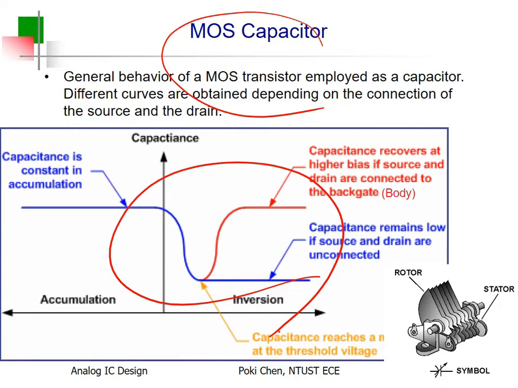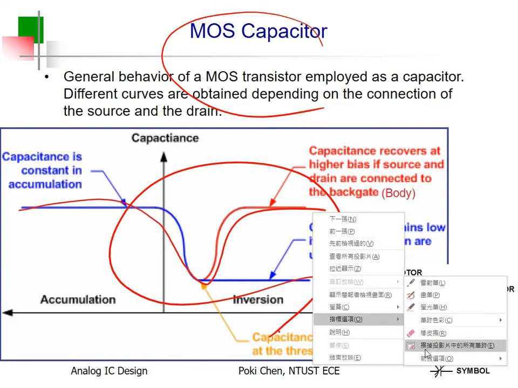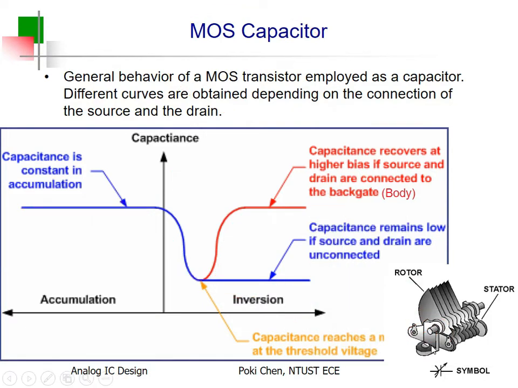Okay? The capacitance is influenced by the terminal voltage, VGSD. Okay? Substantially, it looks like that. It's really upset. For a perfect capacitor, it should be flat.